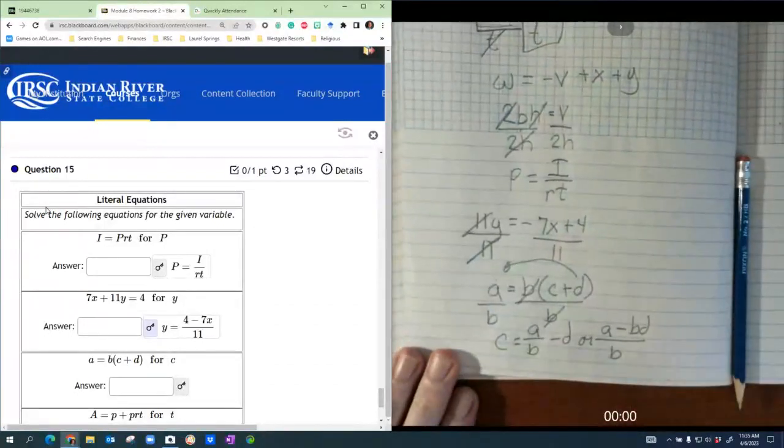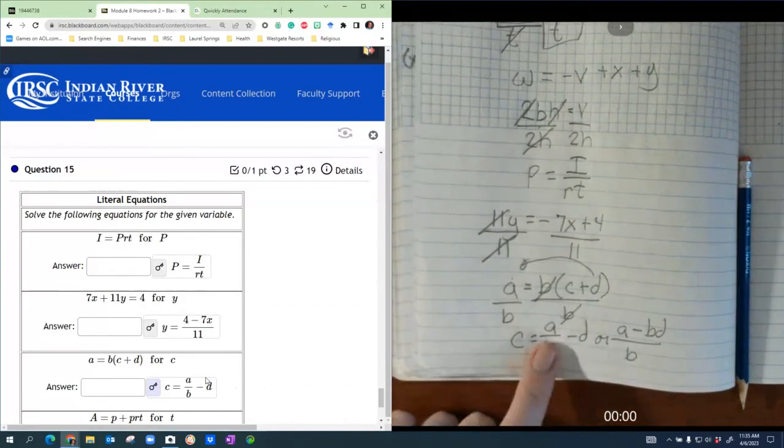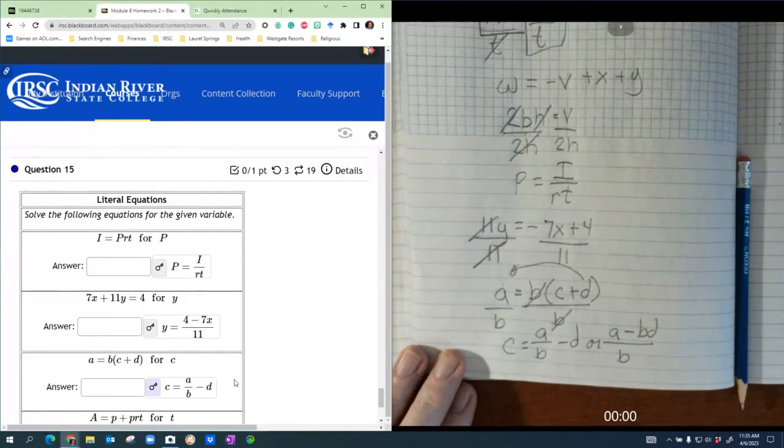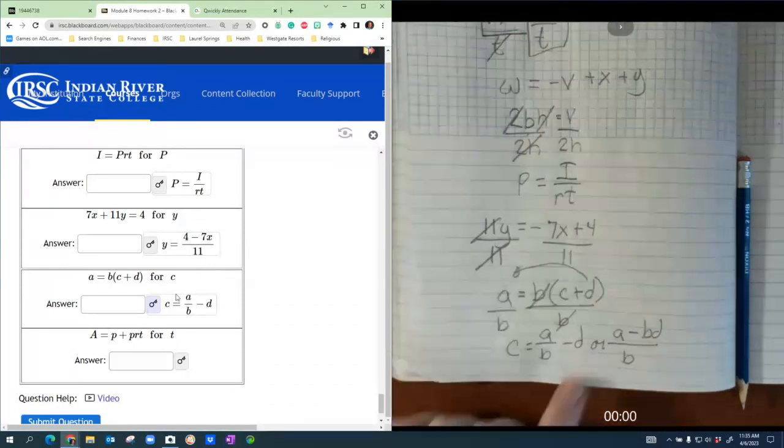Sorry, it's off the screen. This time, they put it the first way. That's why I said it's either or. I think the first one is a lot easier to write. I would put this answer personally, like the way they did it, rather than the other answer.